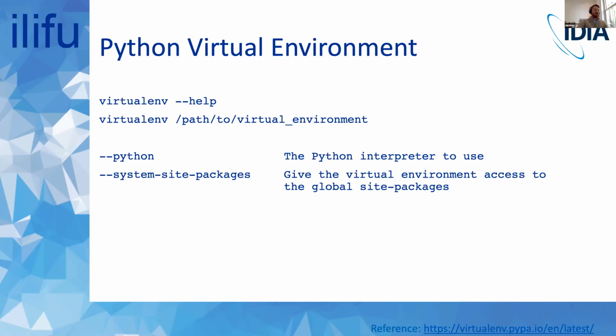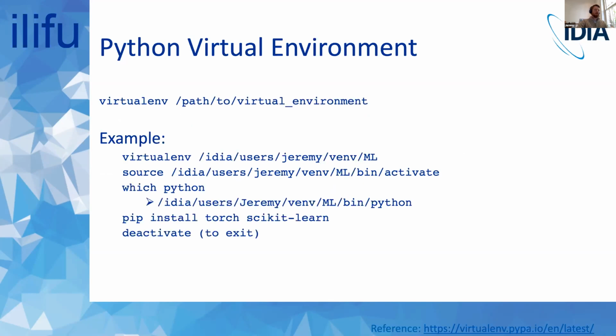Running through an example, here I'm creating a virtual Python environment, running virtualenv and specifying to build at the directory ml, which is just the path I've chosen. Once it's built, in order to invoke the environment, you have to run the activate script, which is always located at the directory destination /bin/activate.